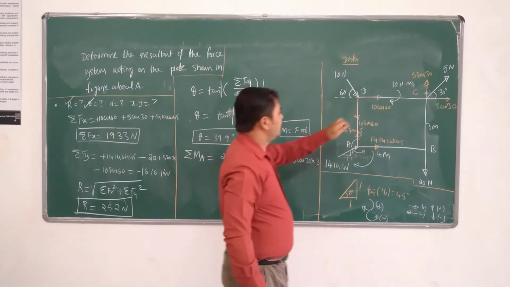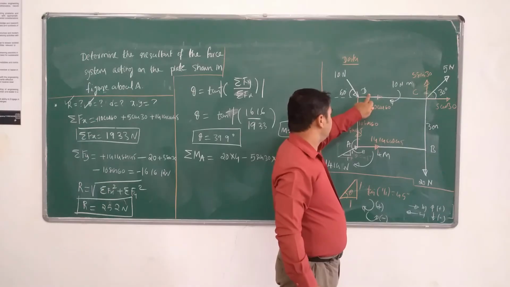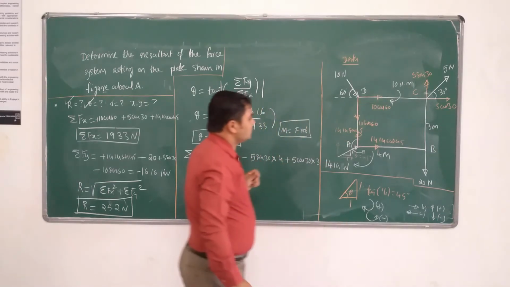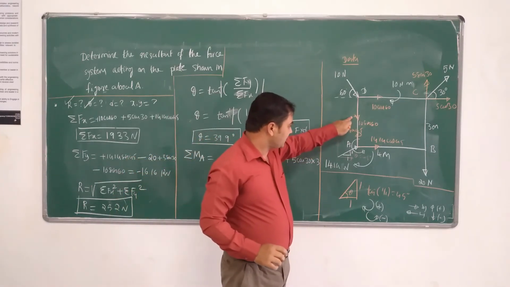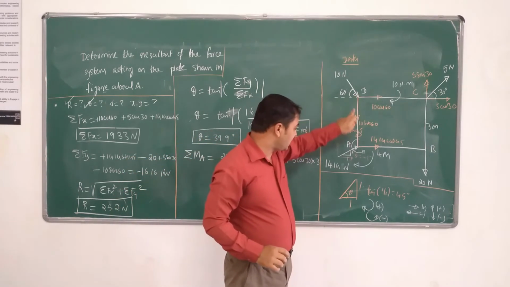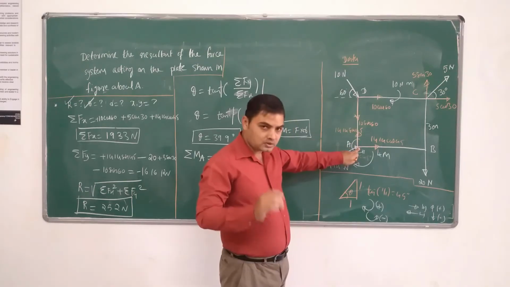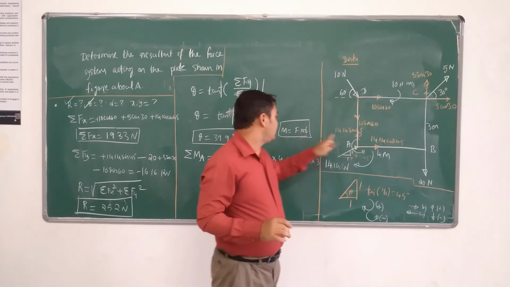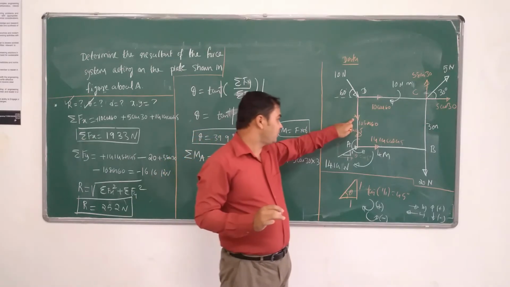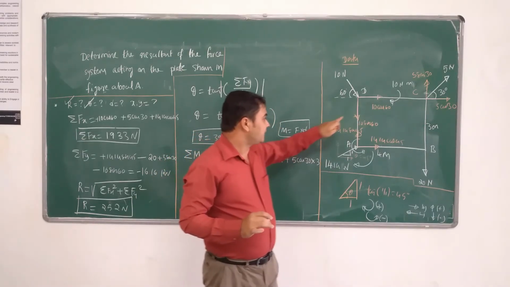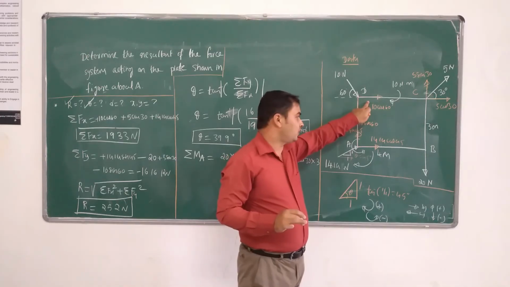Next, the remaining forces are at the point D. One is horizontal and one is vertical. Again, I cannot consider 10 sin 60 because if you project this force, it will meet at the point A. Of course, force is there, but the perpendicular distance to form the moment is not there. Therefore, we cannot consider this force. We can consider the 10 cos 60 force.